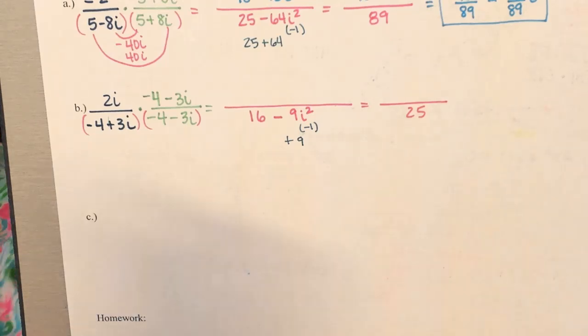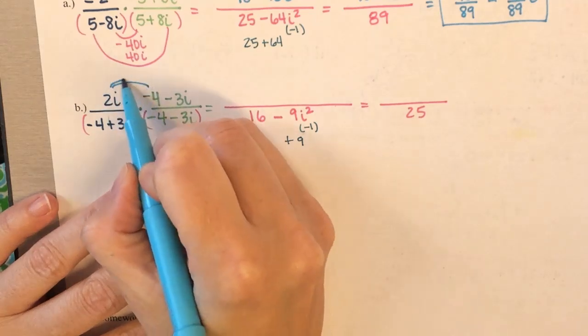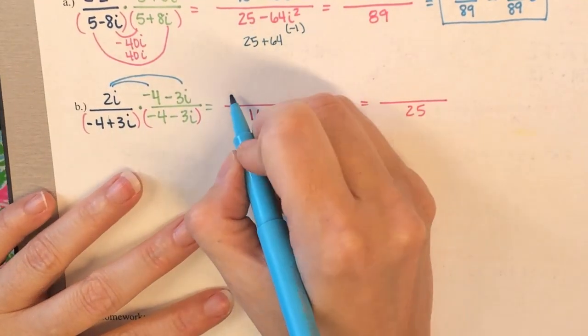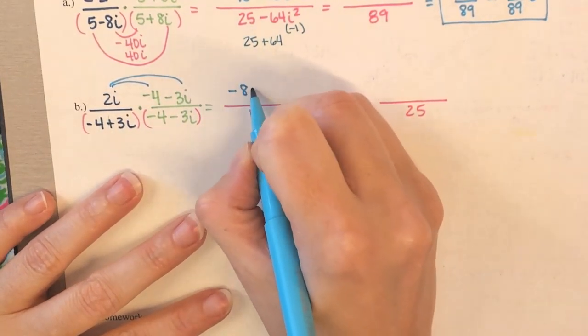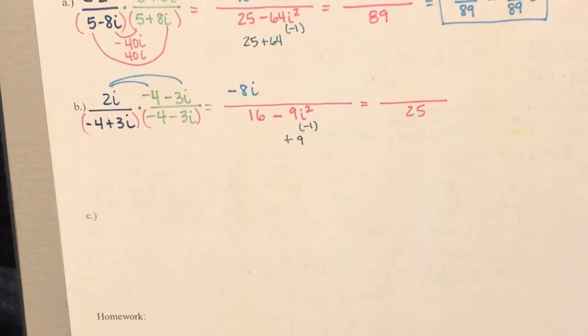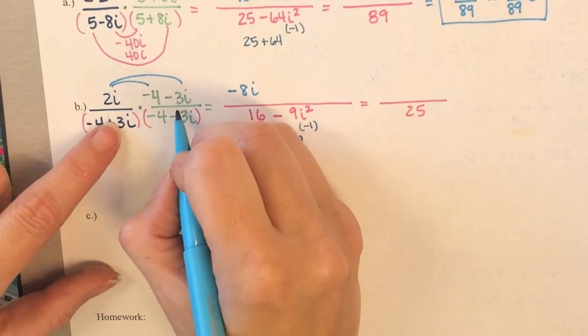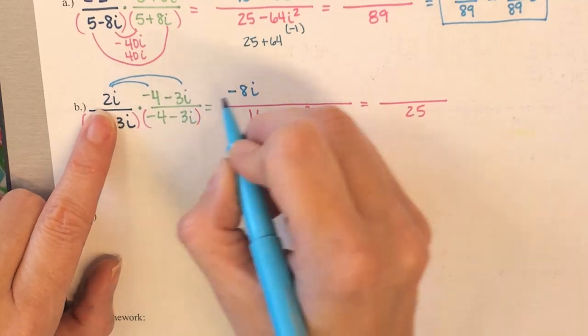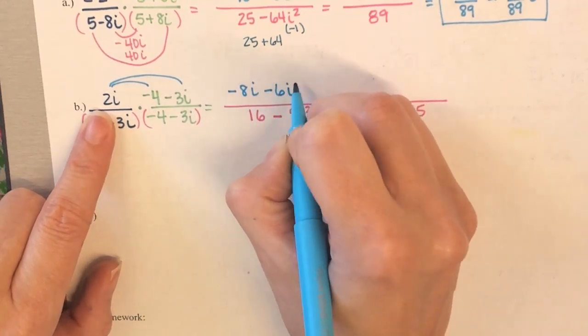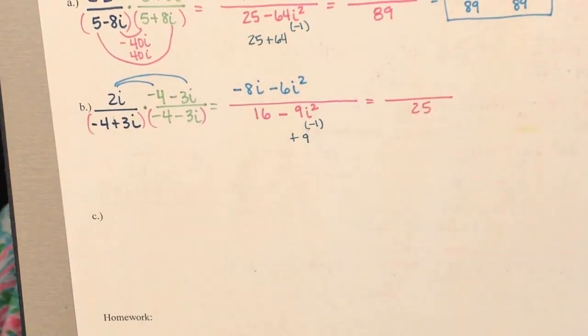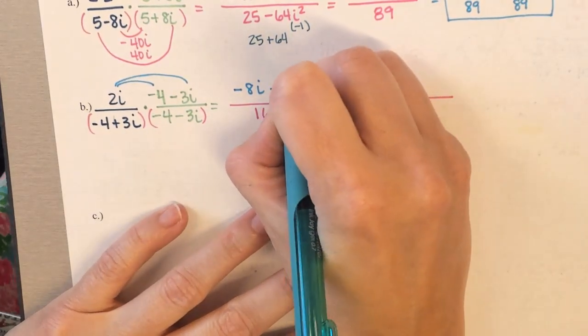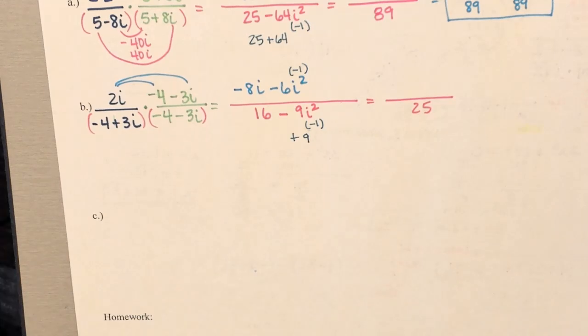Okay, in the numerator, we're going to distribute again. So 2i times negative 4 is negative 8i. 2i times negative 3i, I do the 2 times negative 3, and then the i times the i. Then you only plug in negative 1 for i squared.